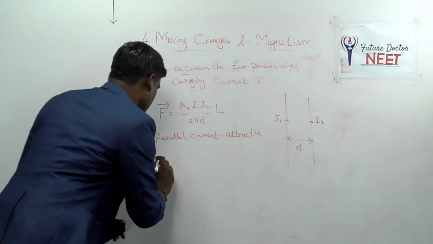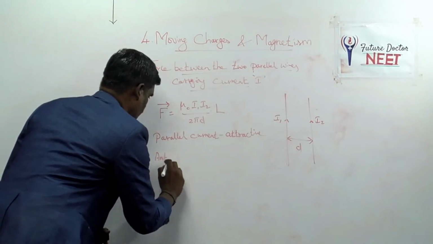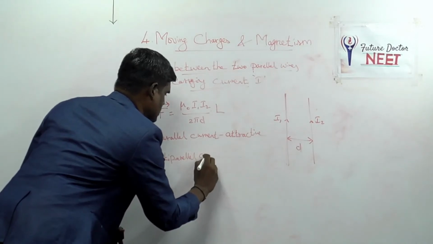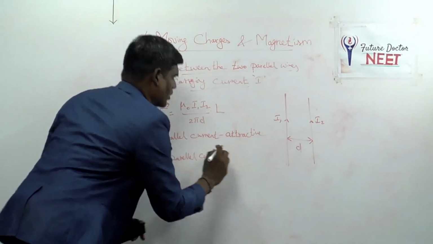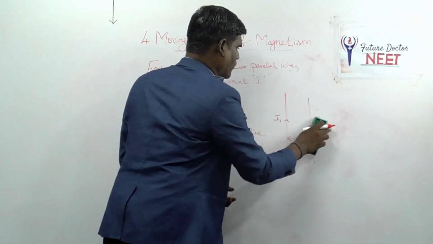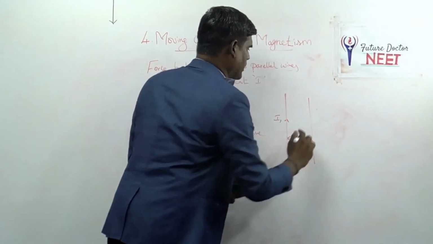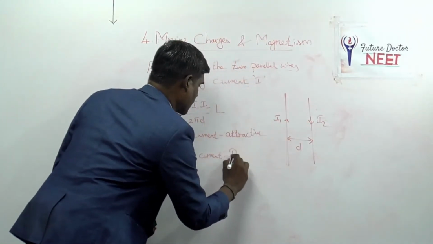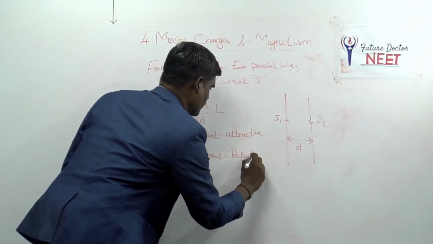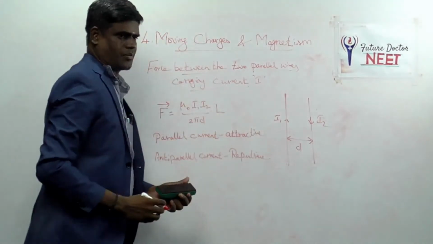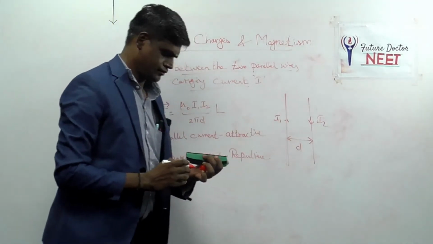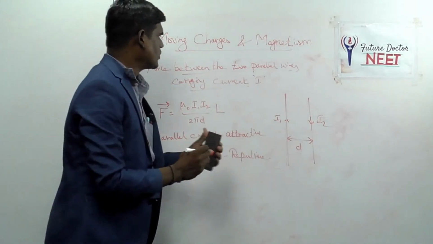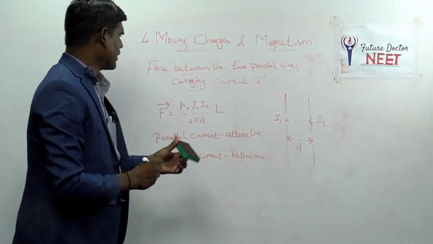For anti-parallel current, that is, I1 is upward, for example, and I2 is downward, then it will be a repulsive force. So this is the force between the two parallel conductors carrying current.